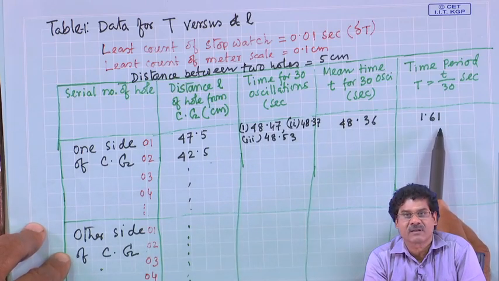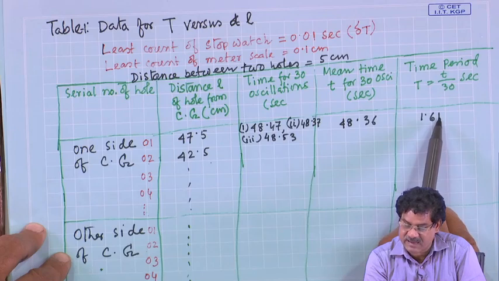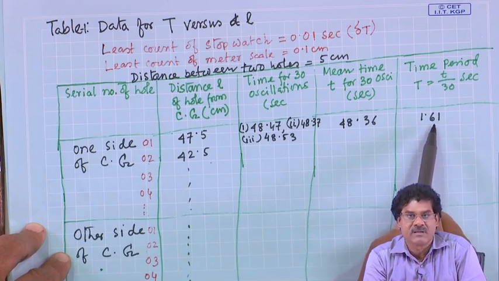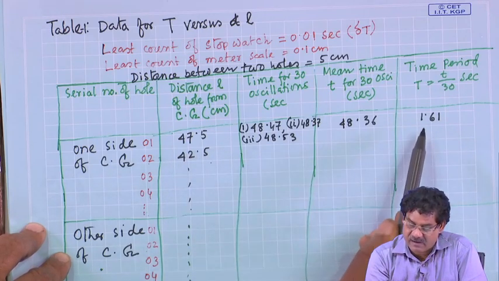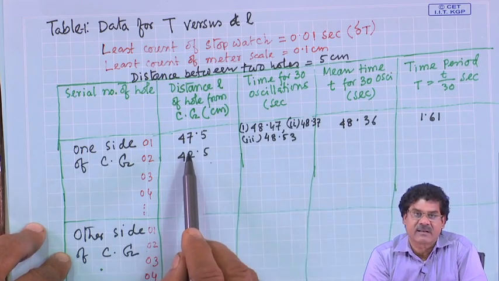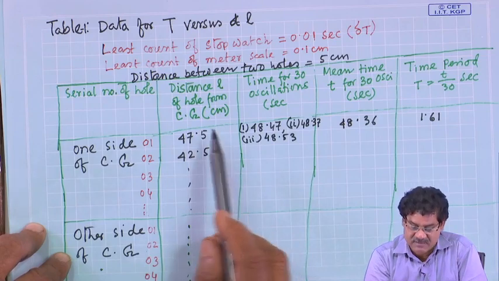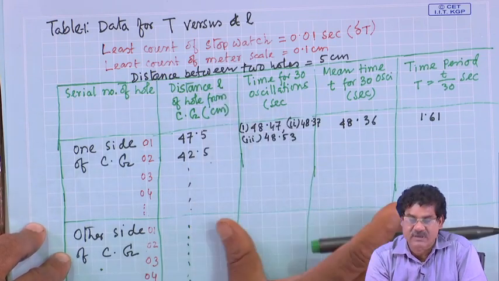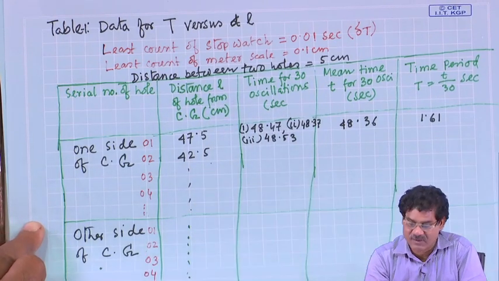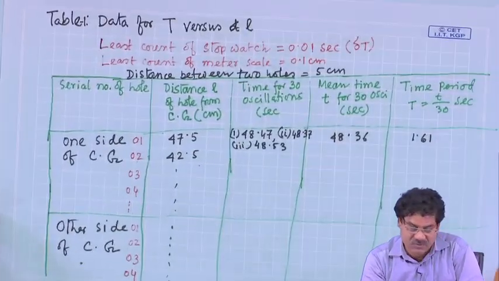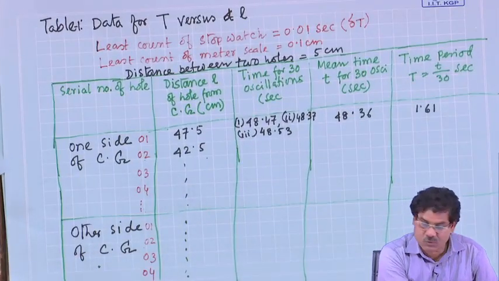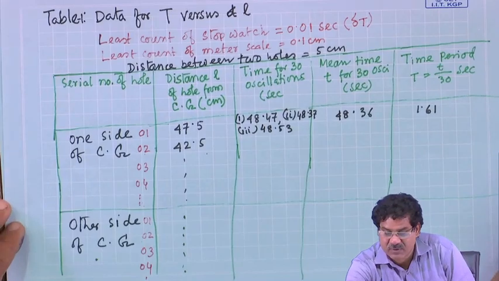From there you will find the time period T and the corresponding distance L of the point of suspension from the center of gravity. That is what you need for drawing the graph. So, then you should draw the graph as I showed you.